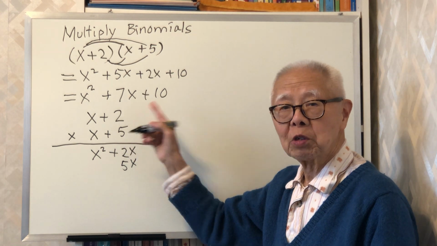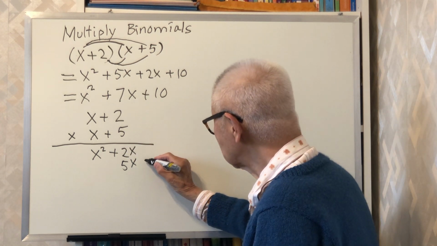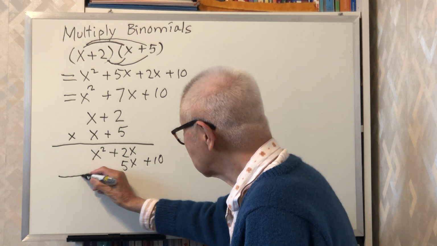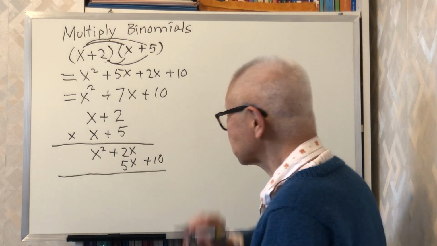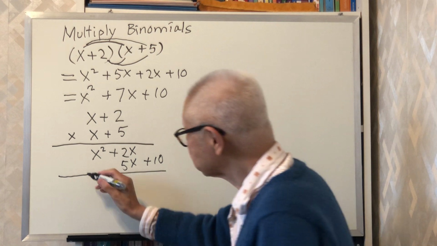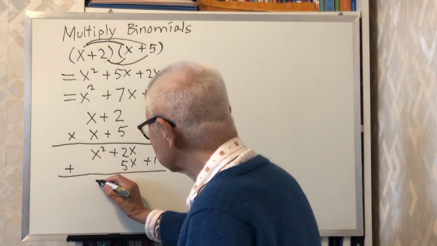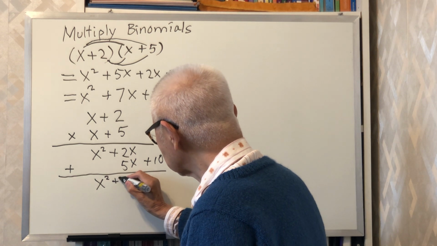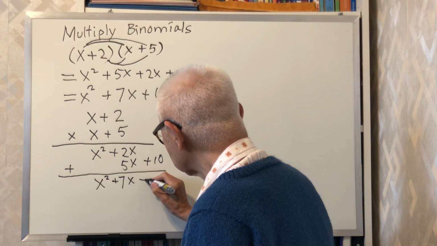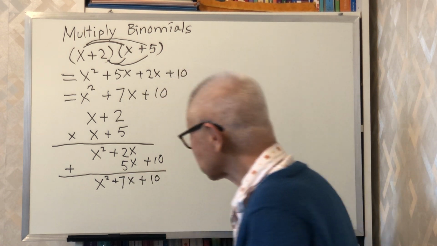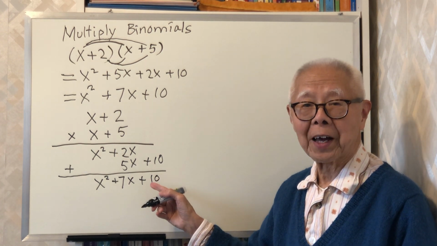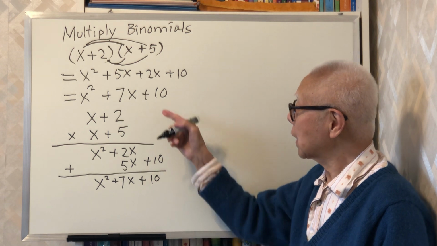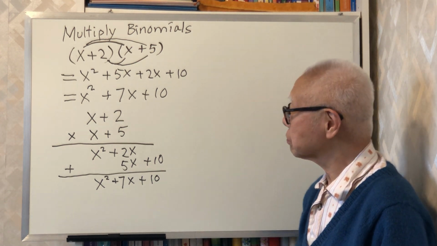Five times 2 is 10. I add. So this is my answer. And this answer, of course, is the same as this.